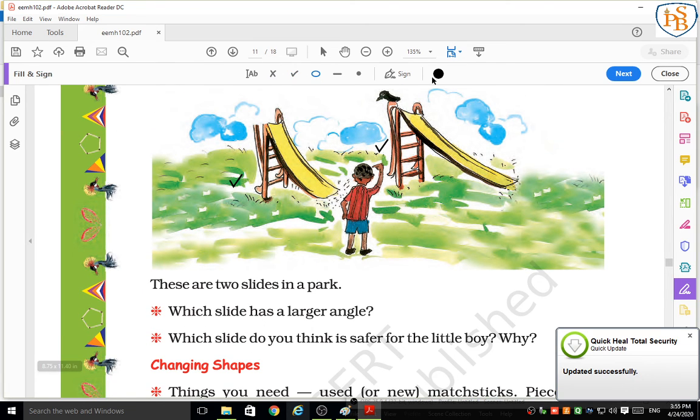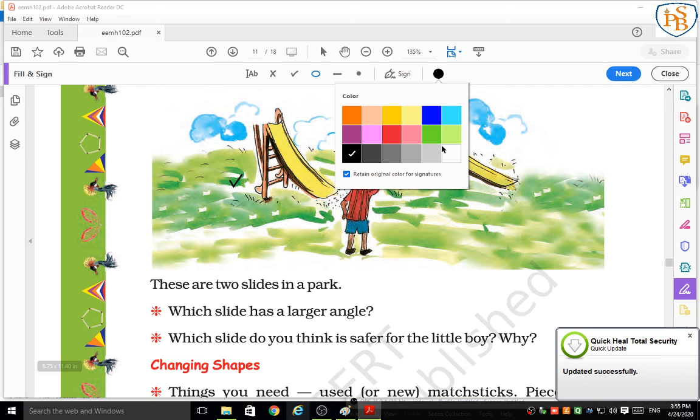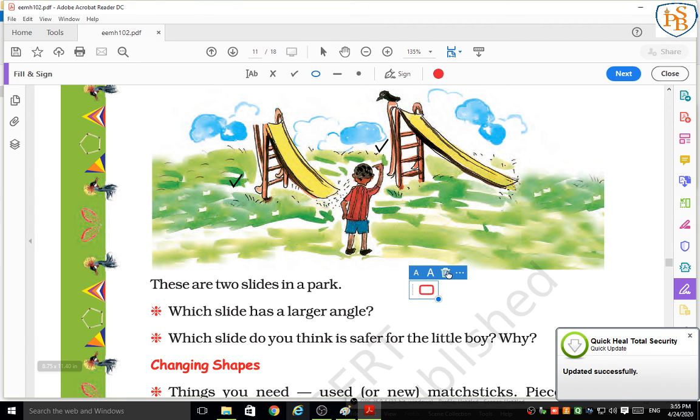Which slide has the larger angle? Like we have already seen. Yes. Which one has the larger angle? If we see over here, the right hand side. Correct? The slide which is on the right hand side shows the larger angle.